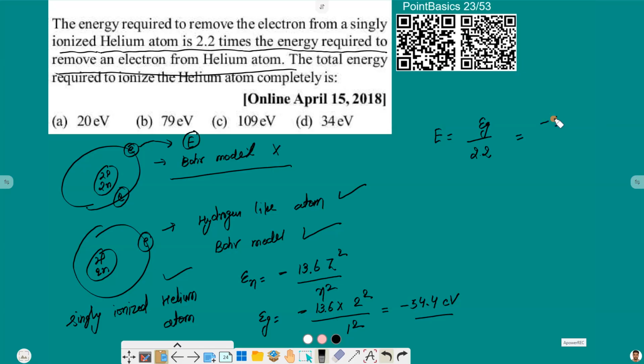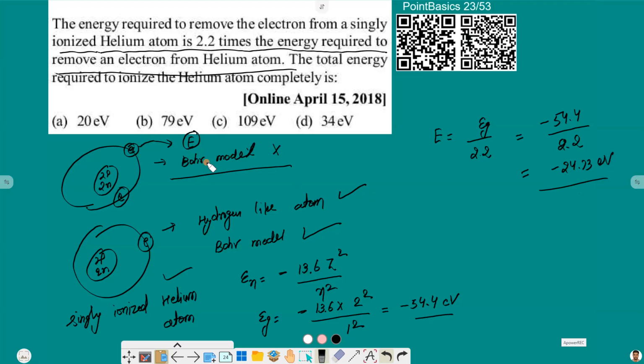So that will be minus 54.4 divided by 2.2, and this will be equal to minus 24.73 electron volt.